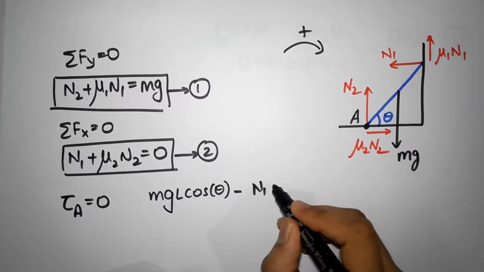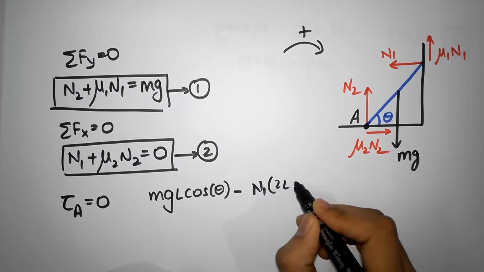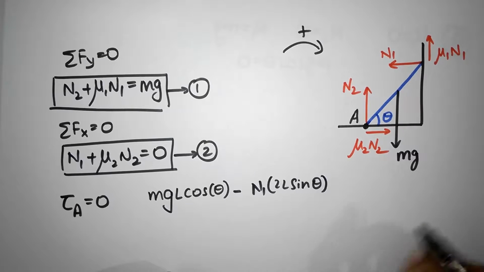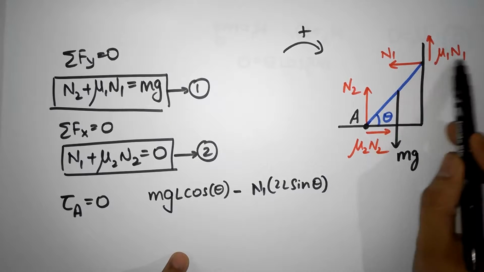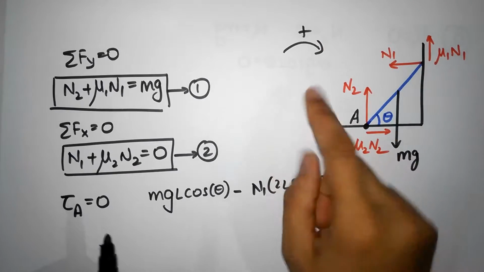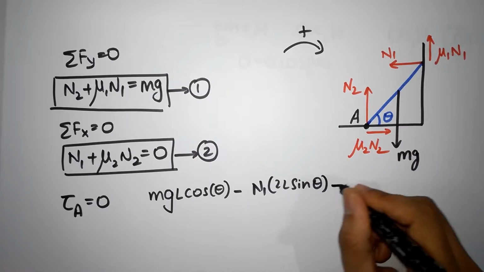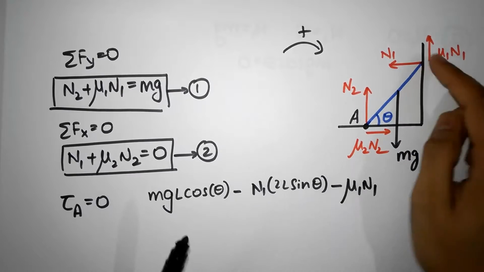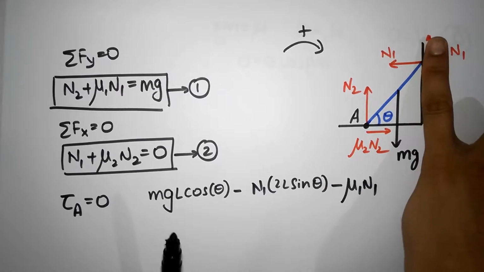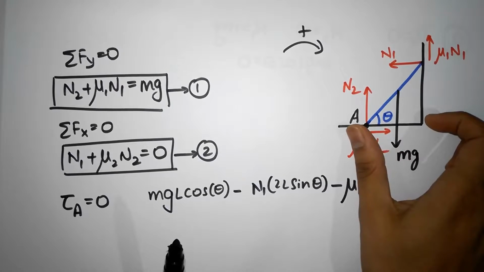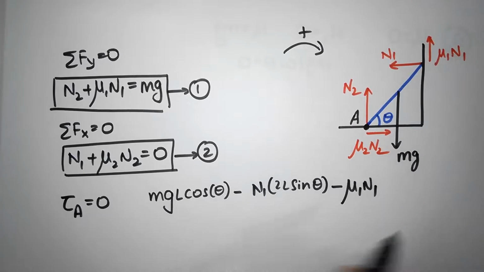Then this fellow is also going to contribute to my torque, again in the opposite direction. So minus mu1 N1, and the torque produced by this force, perpendicular distance, that's 2L cos theta.